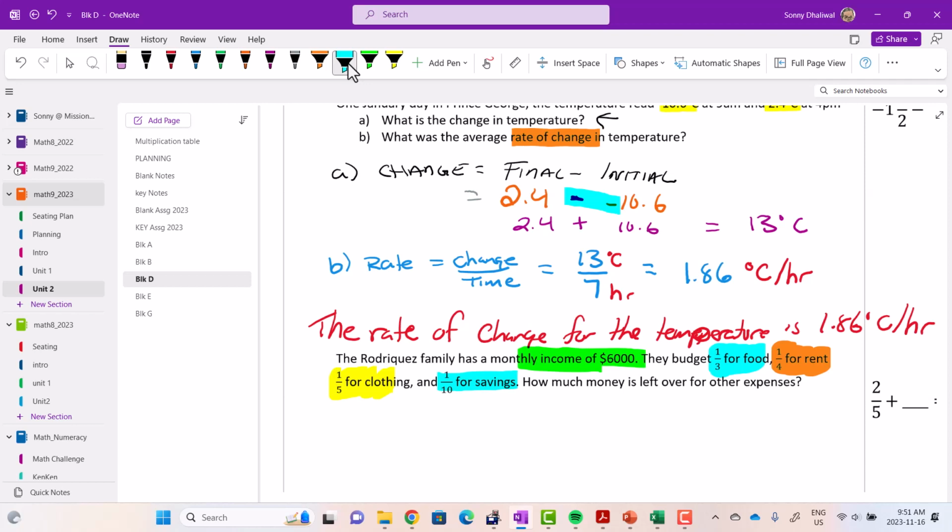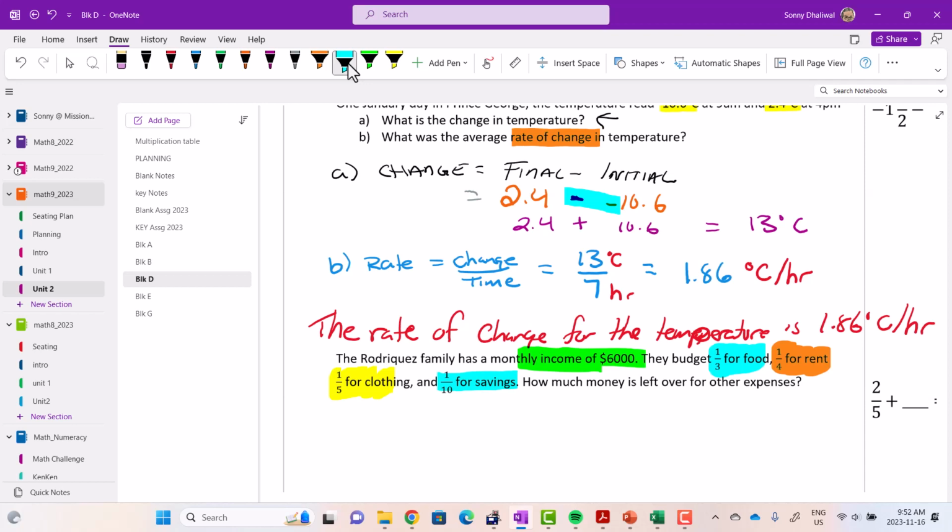And then it asks, after they shelled out all the money for all the different kinds of expenses and savings, how much money do they have left over at the end of the month? They don't give you how much money they spend on food or on rent. We need to figure that out. We talked about this last day.